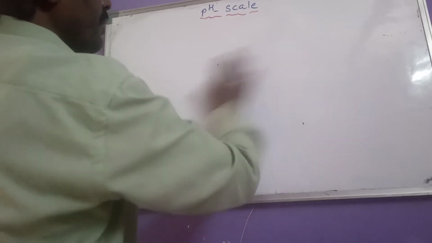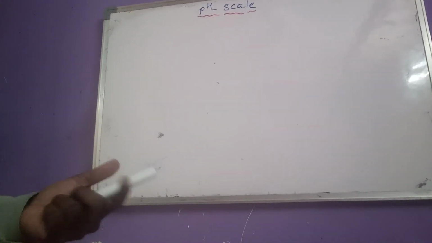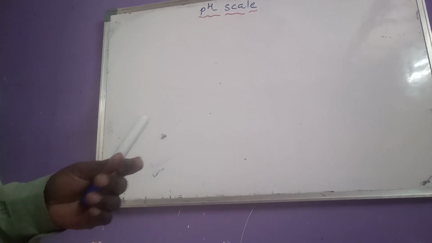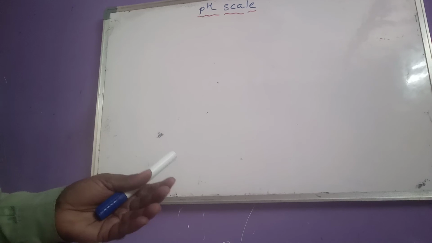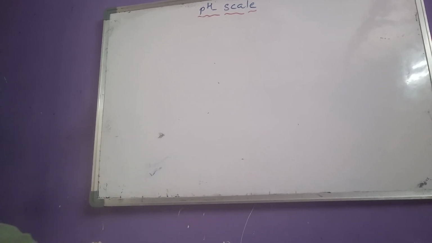Then another type of question. What is the other type? If two acids are added or two bases are added, what is the pH of the solution? They may give this type of question.